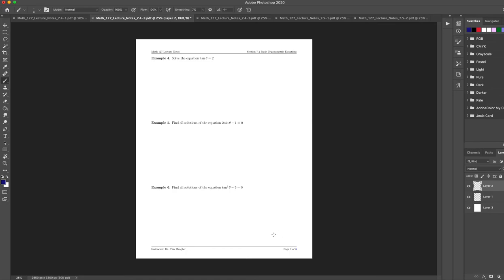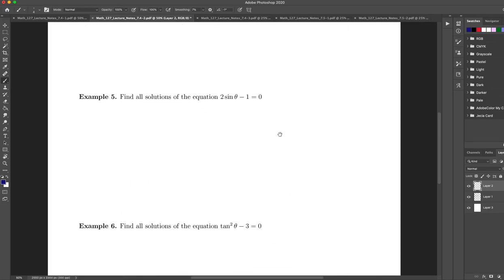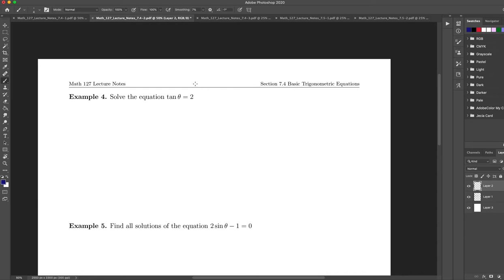Alright, so let's look at tangent. We've done sine and cosine a couple times, so let's look at tangent. Tangent tends to be a little bit easier, because notice that tangent can take anything, and the inverse tangent gives you all the answers. What do I mean by that?